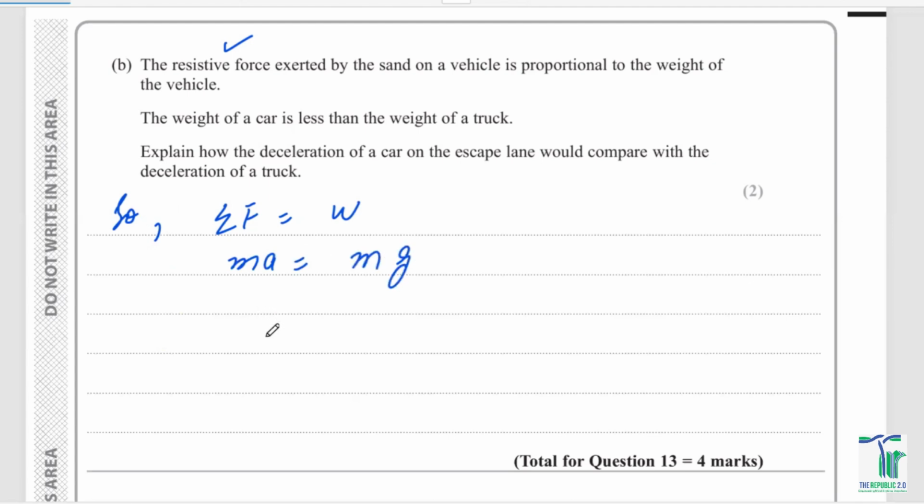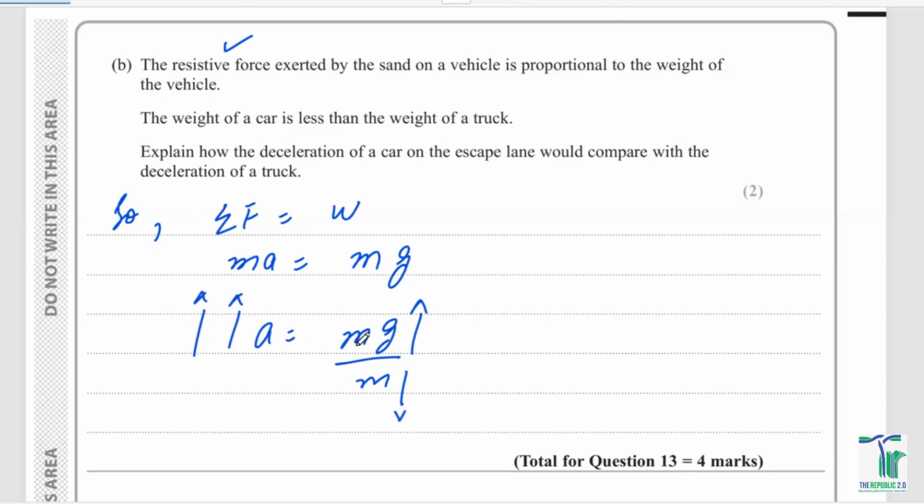If a is the deceleration, what does that mean? a would be equal to mg divided by m. So acceleration is directly proportional to the weight, and since the truck has a higher weight, higher would be the deceleration. But at the same time, lower the mass, higher would be the deceleration as well.